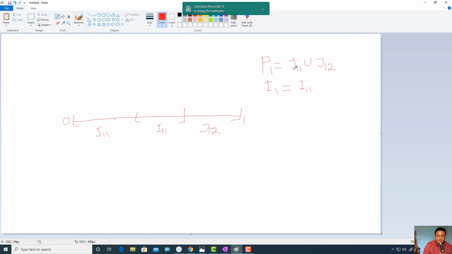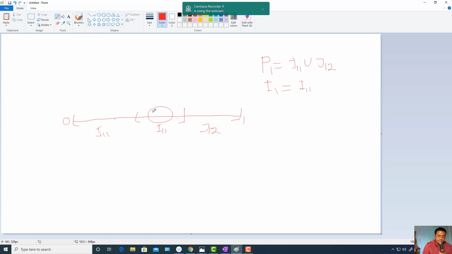So this has 1 by 3 length, this also has 1 by 3, and this is also 1 by 3. The 1 here signifies the first step, and this is the second index. So I here is also the first step. And for the second step, we proceed again after removing this open interval.